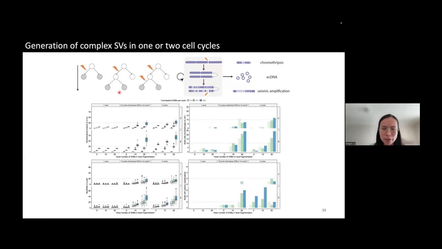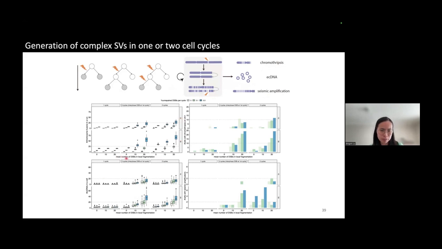And then we counted the number of chromosome fusions, ecDNAs and chromothripsis amplifications. We tested different parameters, like different double-strand break (DSB) rates, like 10 DSBs per cell division or 30 DSBs per cell division.